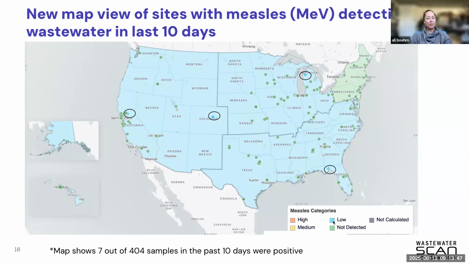So in this map, there are 5 sites that had at least 1 positive measles detection in the last 10 days: 1 site in California, 2 sites in Colorado, 1 site in Florida, and 1 site in Michigan. We added that based on some feedback from some of our partners who wanted to know if there had been 0 measles detections. That was important to them. So we added this feature.